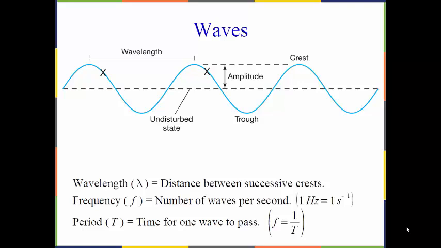Frequency is measured in hertz, which just means the number of waves per second. The period is the time for one wave to pass by. It's denoted by the uppercase letter T. Note that the frequency equals 1 over the period, and the period equals 1 over the frequency.